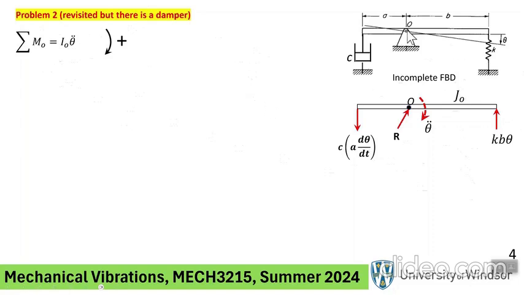Now notice that point O is a very convenient point because we don't have to know what R is. R is an unknown reaction force, and if you take moment about O, it just goes away because there's no moment about O. Now, what are the forces that are acting here? There's a spring force, which, if theta goes down, let's assume that theta goes down, the spring force opposes that. And so both spring and damper actually oppose the motion, okay?